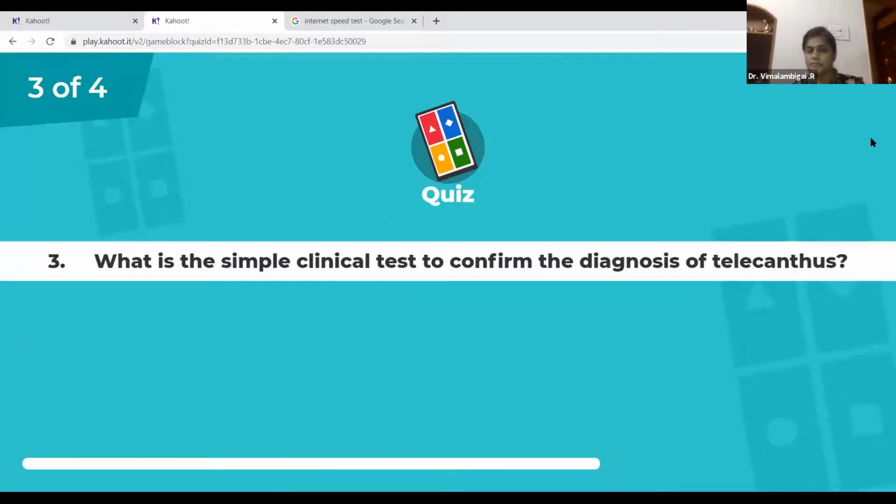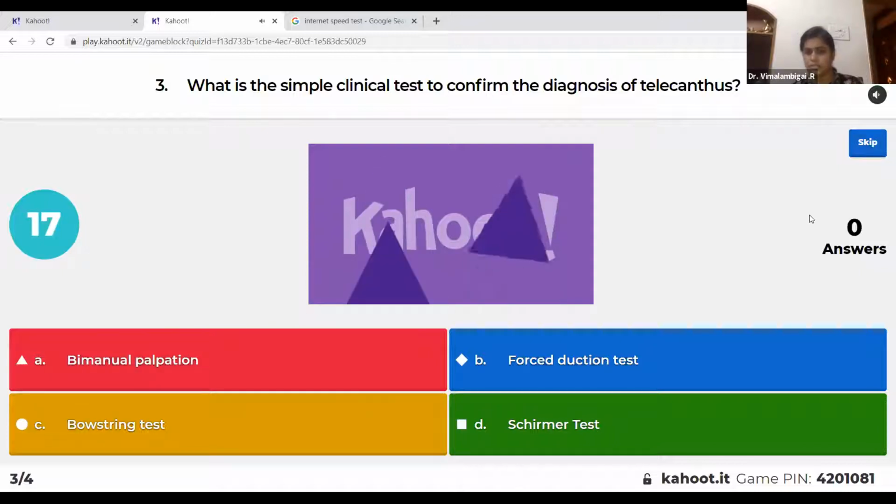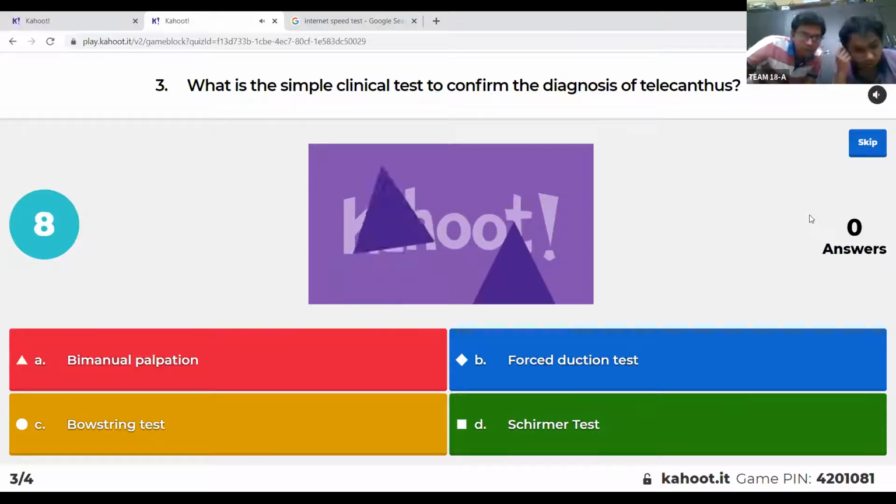So what is a simple clinical test to confirm the diagnosis of a telecanthus? You bimanually palpate, or do a force duction test, or there's something known as a bowstring test, or the Schirmer test. Ma'am, there is some issue with my Kahoot.